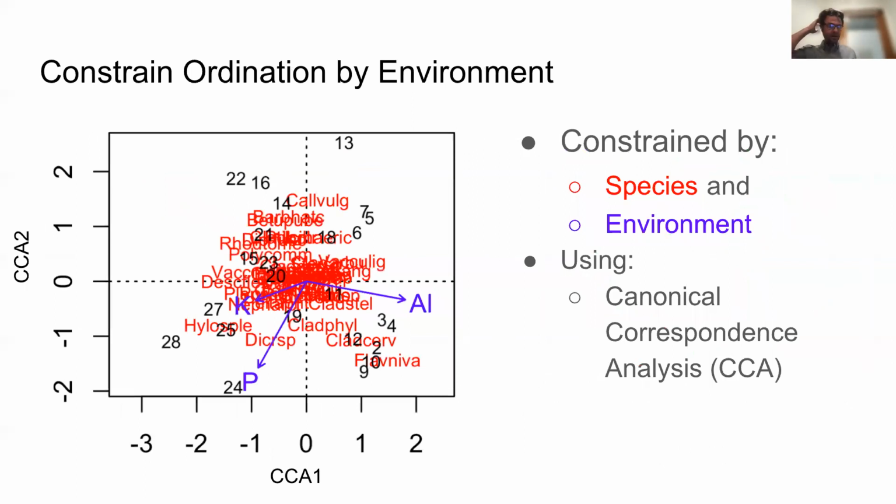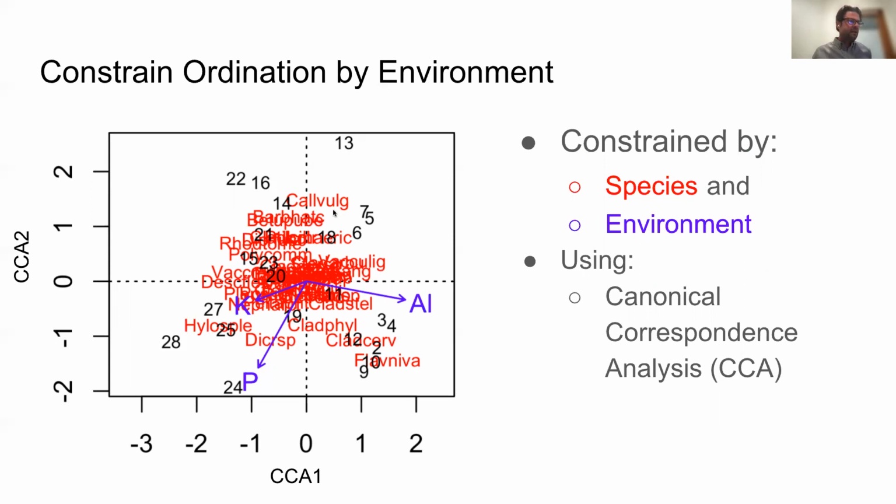You can also throw in species and the environment into how it differentiates the sites. So now the spread of the sites is based on not only the species, but also the environment. And that's where in ecological terms, they tend to call this constrained ordination.